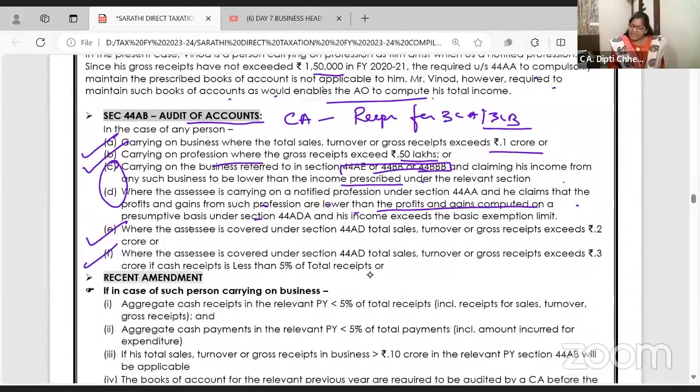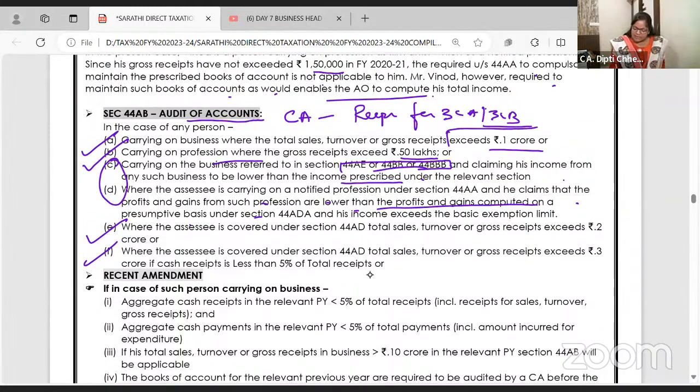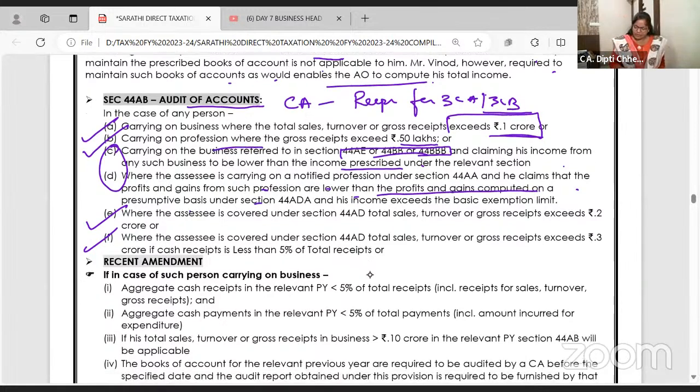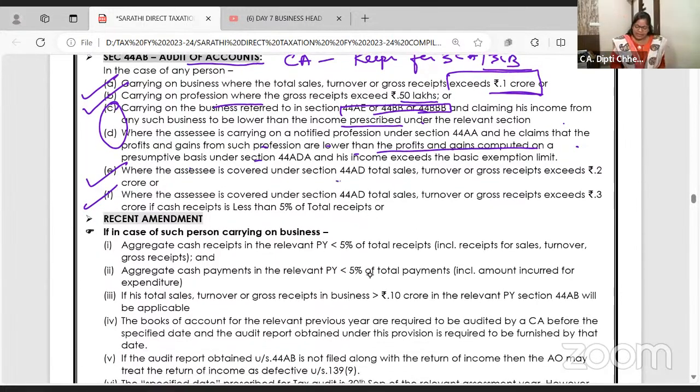Generally, if your turnover exceeds 1 crore, you have to maintain the books and get it audited. But if you are filing your return under 44AD and your turnover exceeds 2 crores, you have to maintain books and get it audited. If in 44AD your turnover exceeds 3 crore, का limit है, provided cash receipt is less than 5% of total receipts.